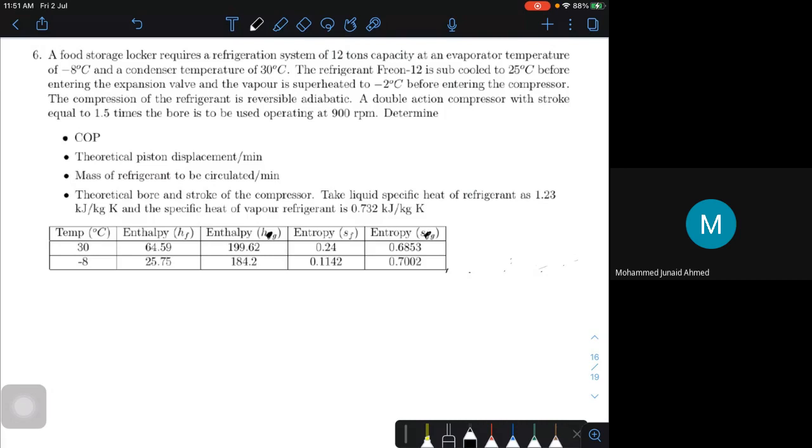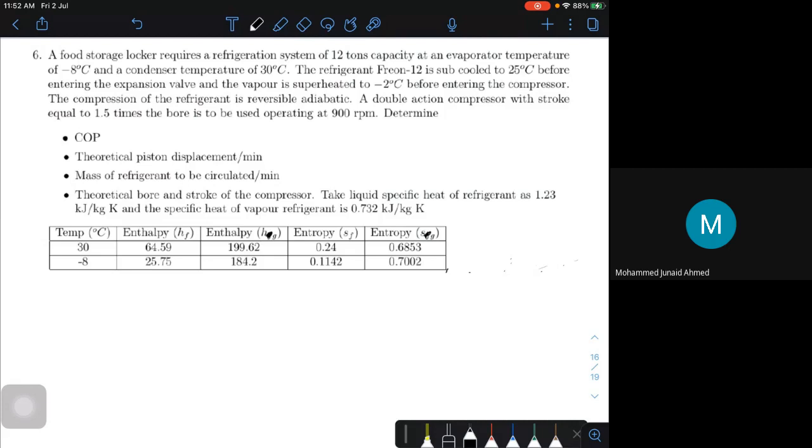The compression of the refrigerant is reversible adiabatic. A double action compressor with stroke equal to 1.5 times the bore is used, operating at 900 rpm. Determine the COP, theoretical piston displacement, mass of refrigerant circulated per minute, and theoretical bore.